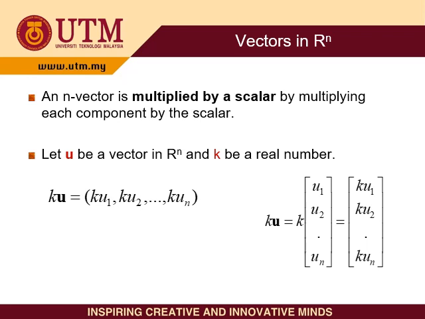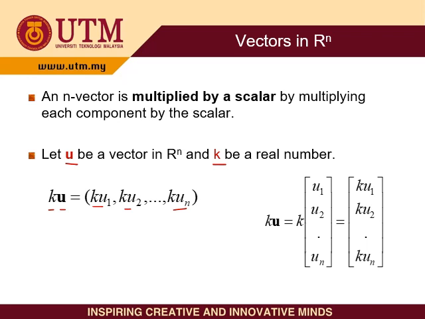An n-vector is multiplied by a scalar by multiplying each component by the scalar. For example, let u be a vector and k be a real number. So we have k a real number, u a vector. So we must multiply by each of the components in u. So ku1, ku2 until kun.